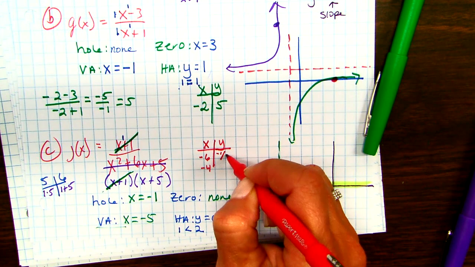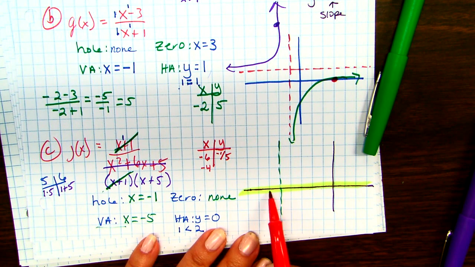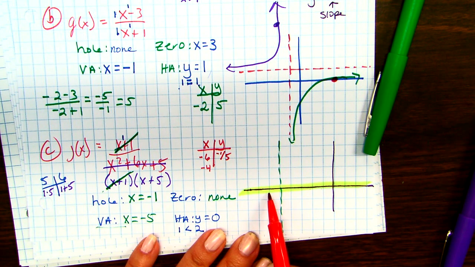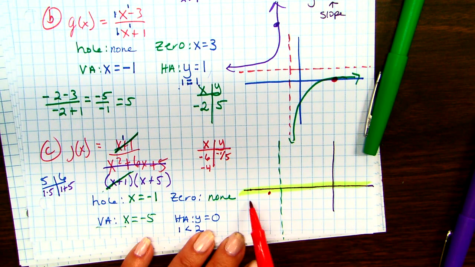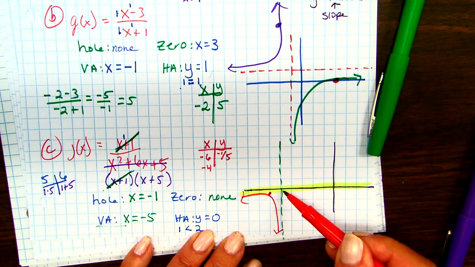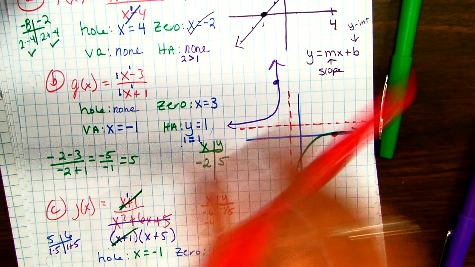Yes, you do. -1/5. Yuck. But not that big of a deal, guys. So that means to the left, -6. So starting at 0, to the left, -6, and down a teeny tiny bit. That's all we need to know that branch goes in that little quadrant.